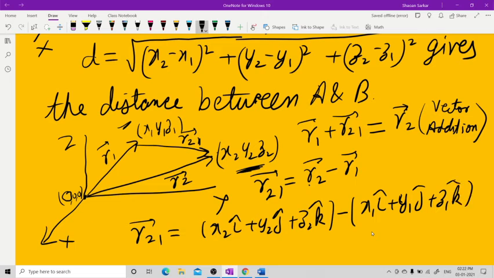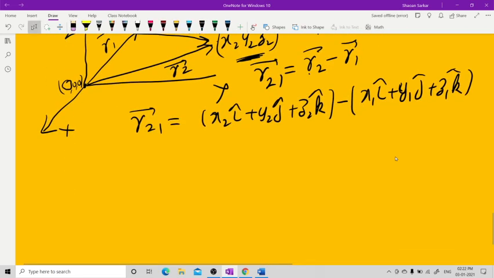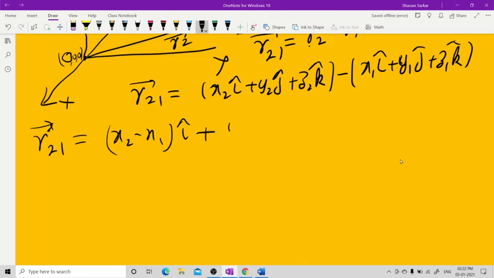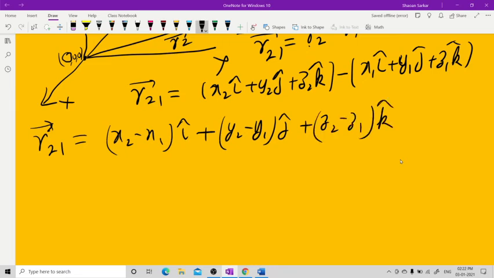Now taking common, so R21 vector becomes x2 minus x1 i cap plus y2 minus y1 j cap plus z2 minus z1 k cap. This is a position vector of 2 with respect to 1.